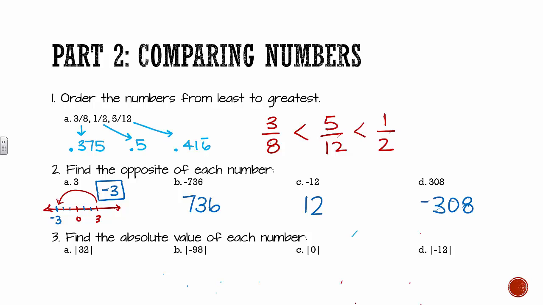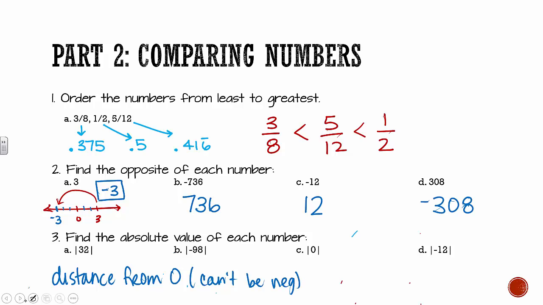Now it's really easy to confuse opposites and absolute values, but remember, absolute value is talking about the distance a number is away from 0. And remember, distance can't be negative. So sometimes your answer for an opposite can be negative, but for an absolute value, it is always, always, always positive.